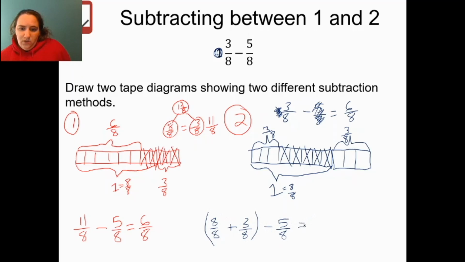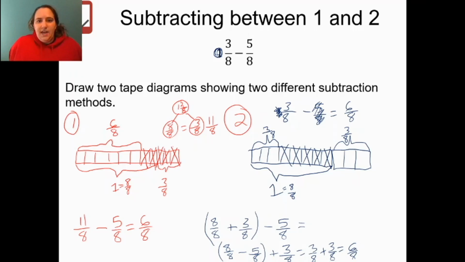We just switched up the order, and so what we did was 8/8 minus 5/8. Then we added in 3/8. So 8 minus 5 gives us 3/8, plus our other 3/8, which gave us 6/8. So either way you do it, same answer.